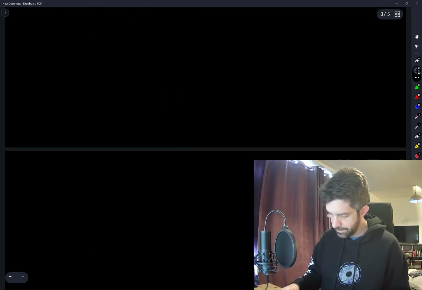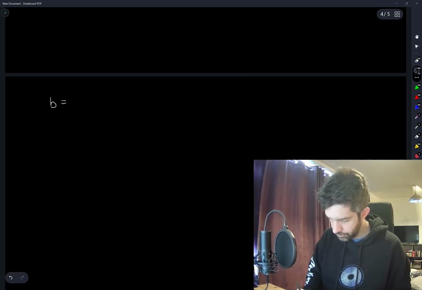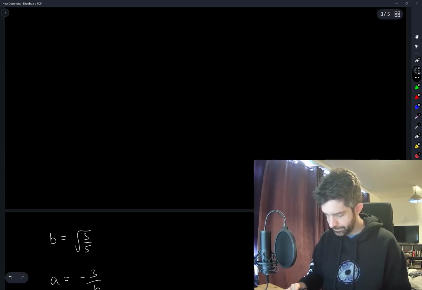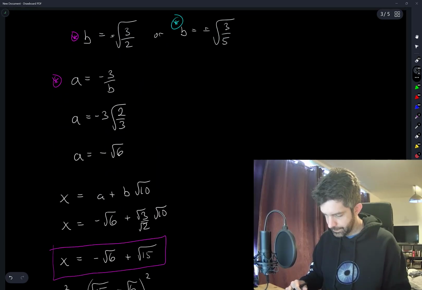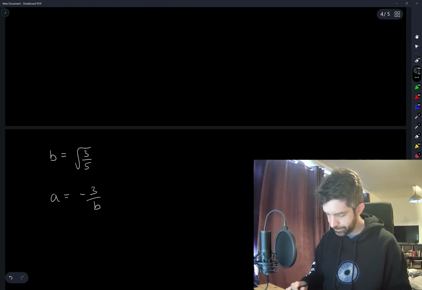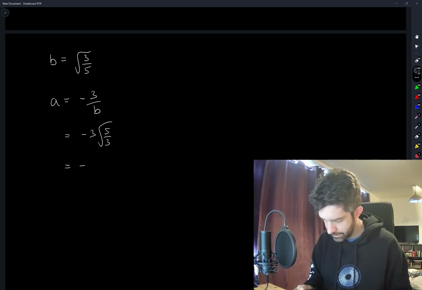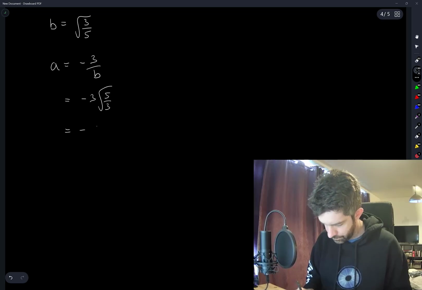So b, I'll choose as being the positive root of 3 over 5, and a is supposed to be equal to negative 3 over b. Yep. So that is negative 3 root 5 over 3, which is equal to negative root 15.